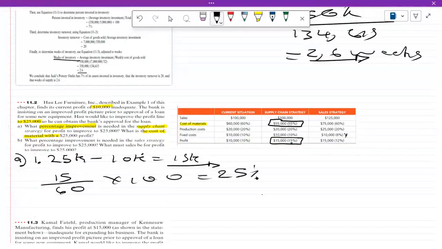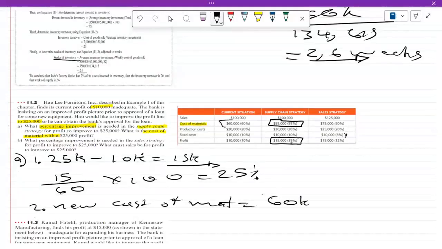Then now we want to know this 15,000 now to the cost. What is the cost of material? The new cost of material is equal to 60K. Remember, we are talking about this one.